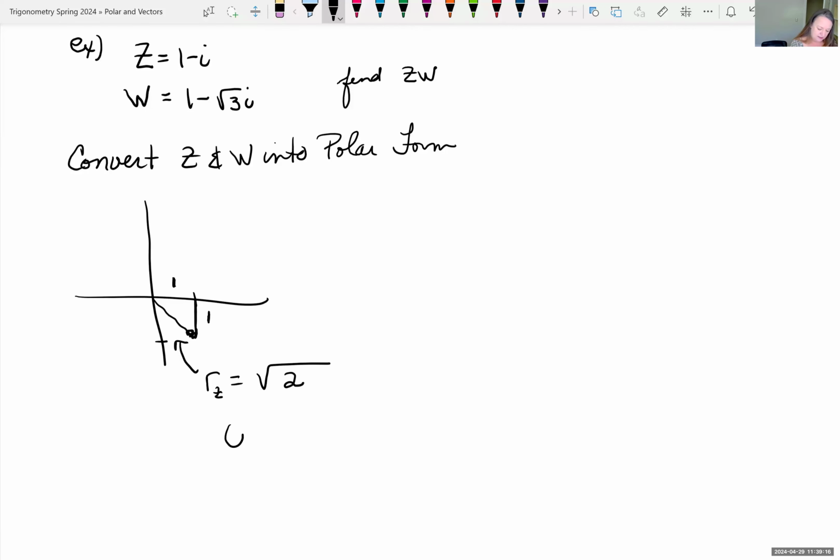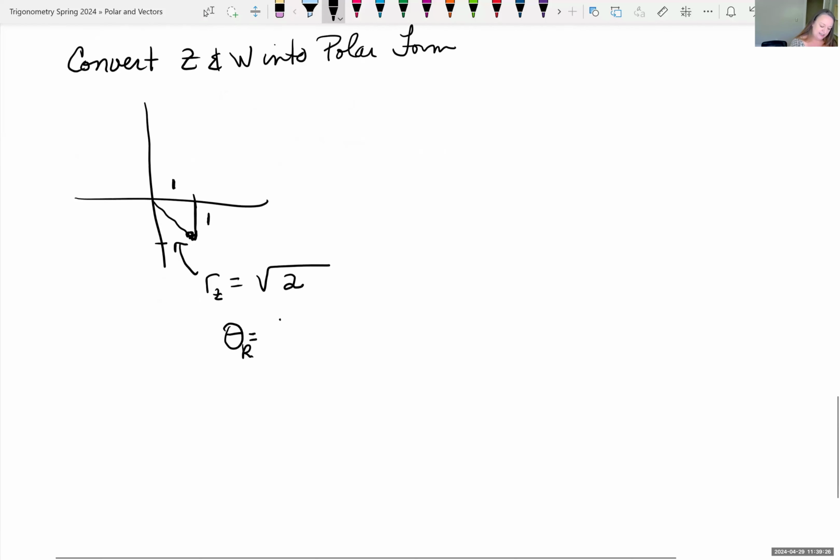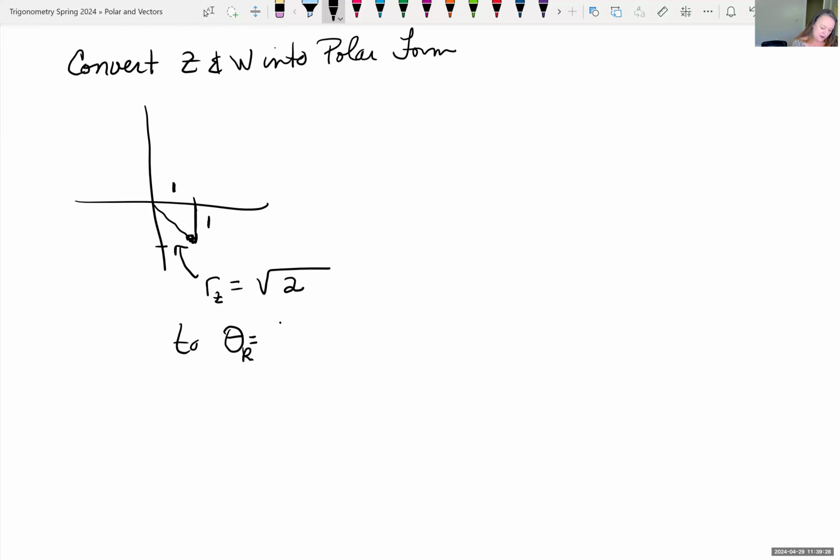Theta, well, my reference angle, I can see that it's going to be pi fourths, because tangent of my reference angle is 1 over 1. So we have pi fourths, but I'm in quadrant 4.